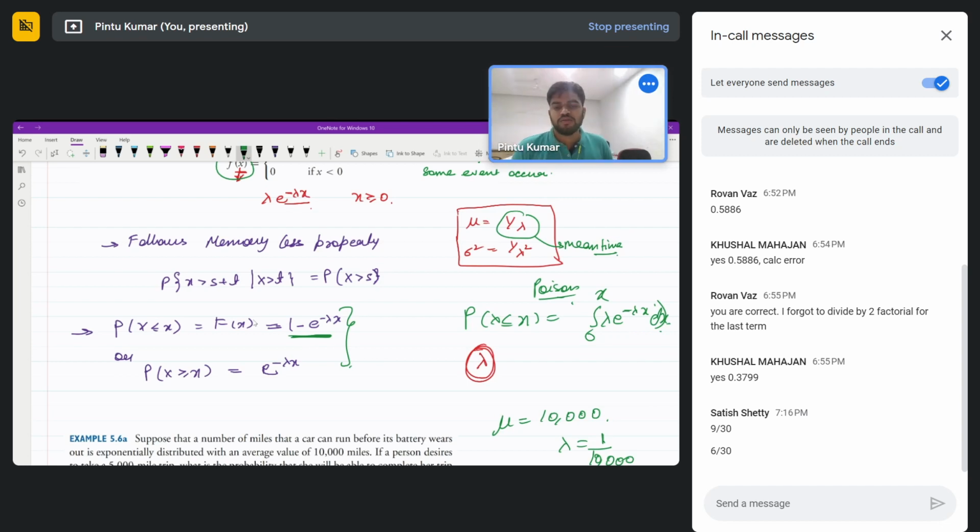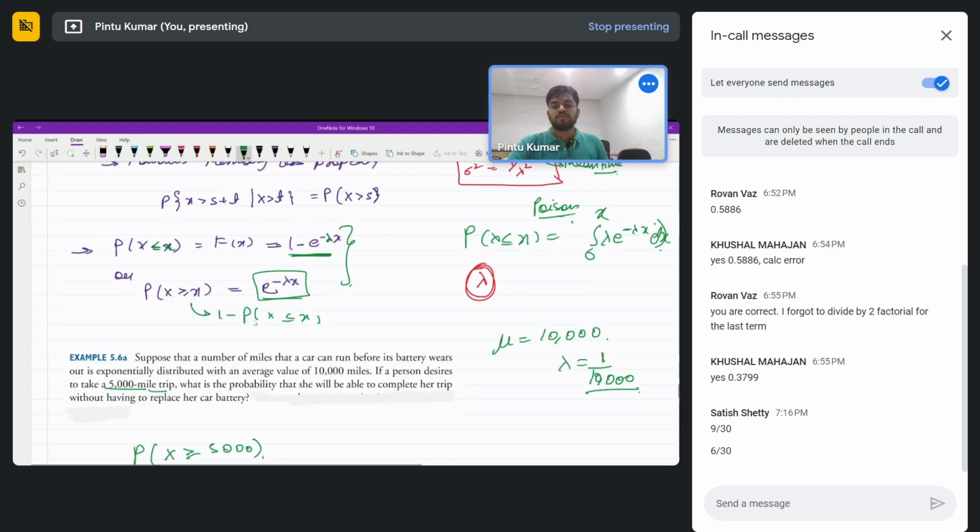So if the probability of x less than or equal to x is given by 1 minus e to the power minus lambda x, then what is the probability that x is greater than or equal to x? This is just 1 minus the probability of x less than or equal to x, which is nothing but e to the power minus lambda x.